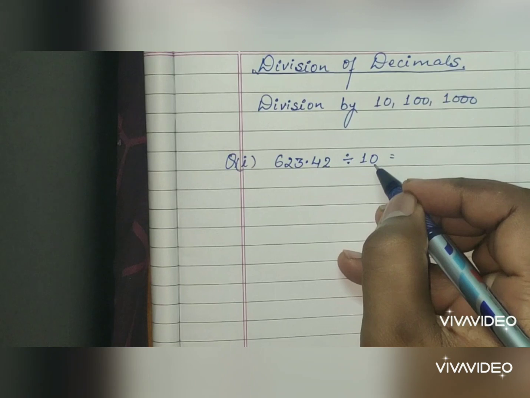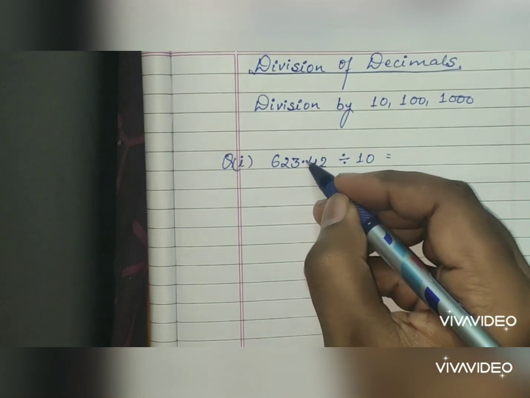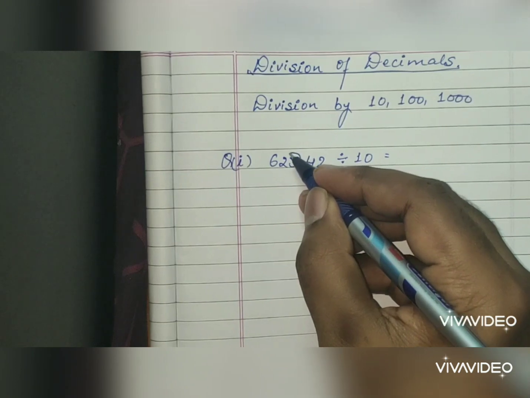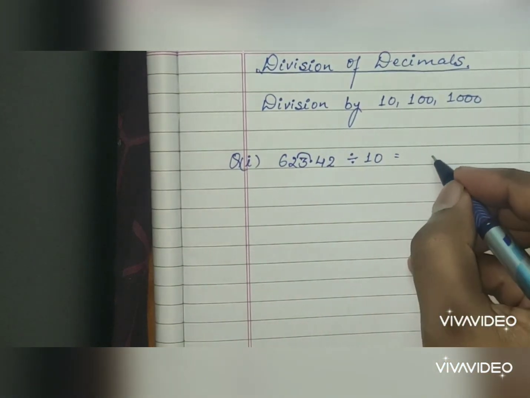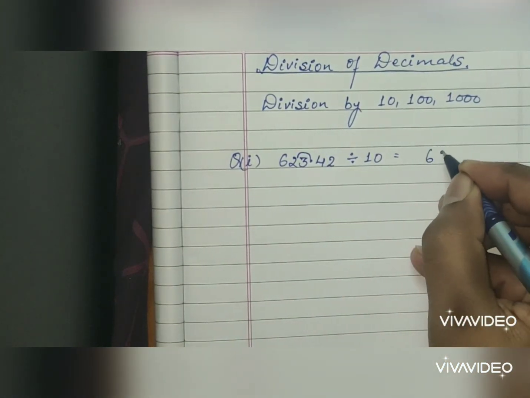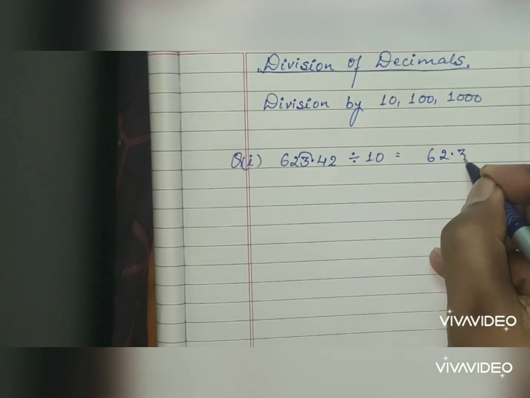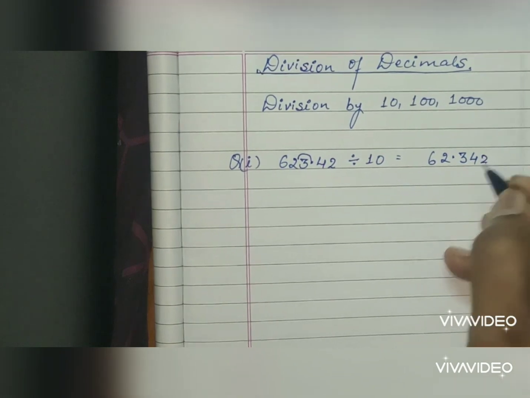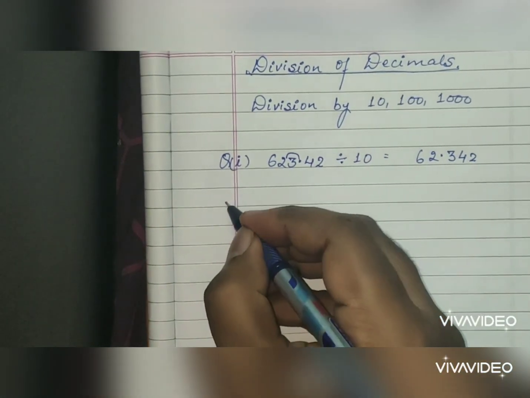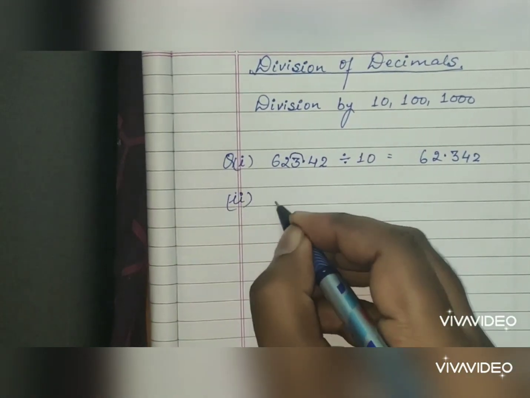So there is only 1 zero, so your decimal place will be shifted one place towards the left. So your answer will be 62.342.